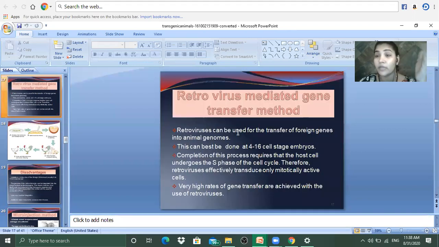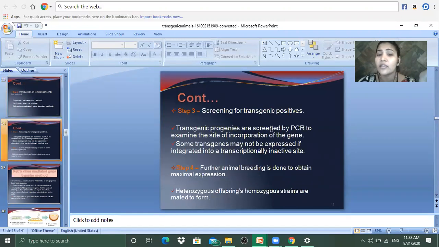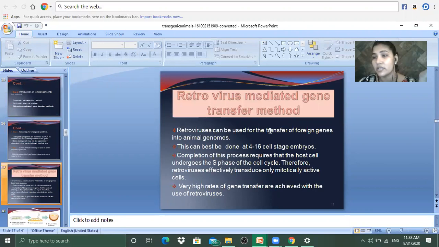This is what we have seen so far, and the very important step two, the introduction of the foreign gene into the animal, has multiple methods of conducting it. We can use any one of the methods and conduct the experiment accordingly. But retrovirus has its own disadvantages: the virus can multiply in the host cell and show virulent characteristics.